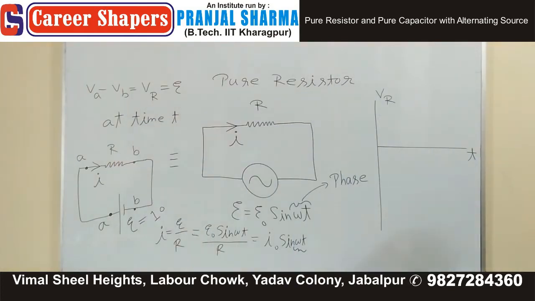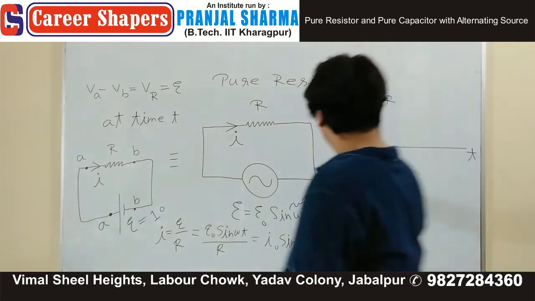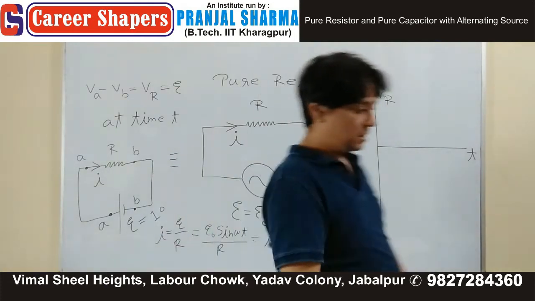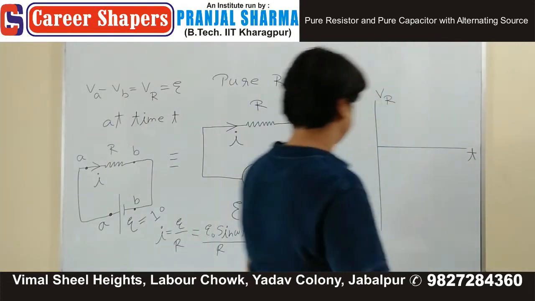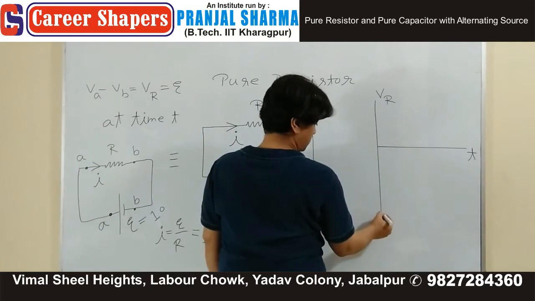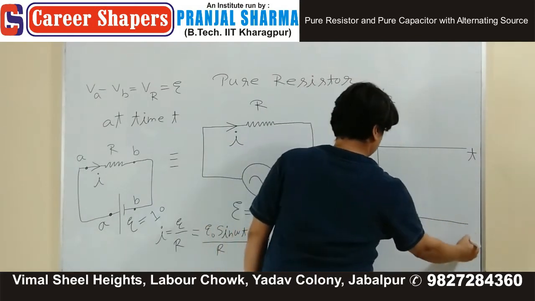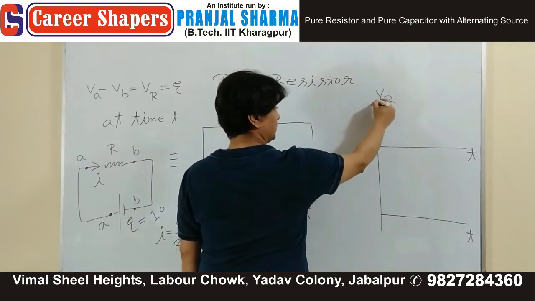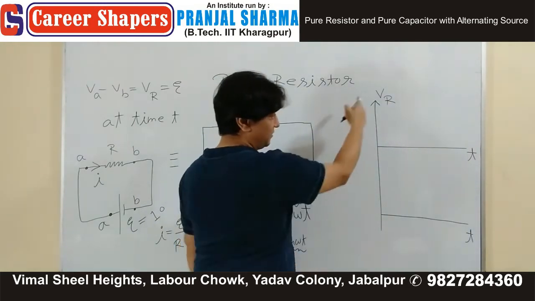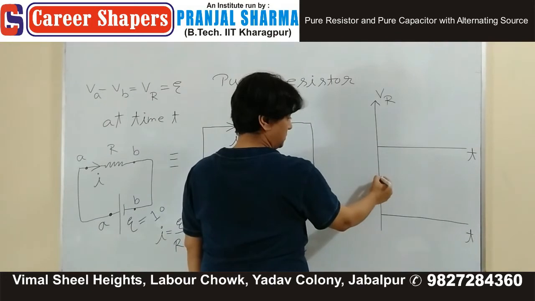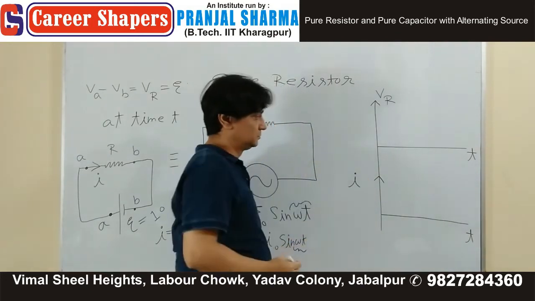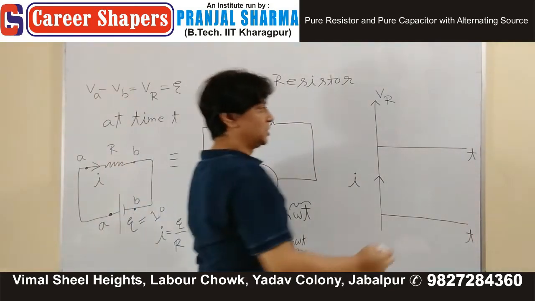And similarly, if you draw a graph between current and time, this is potential difference. This will represent your current I. And this is your time axis.